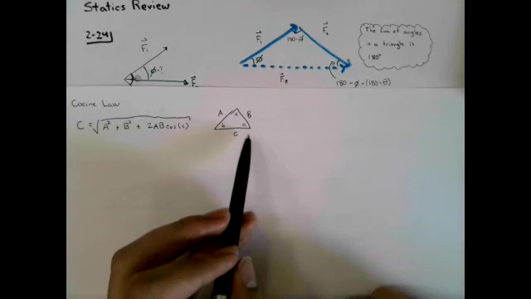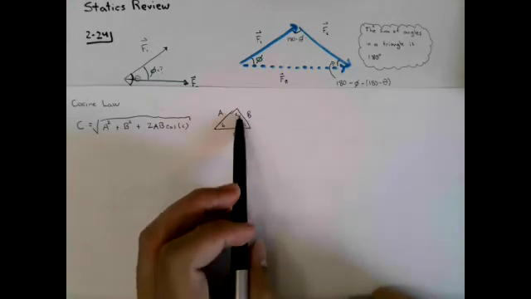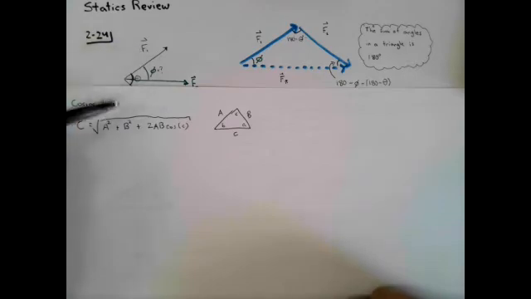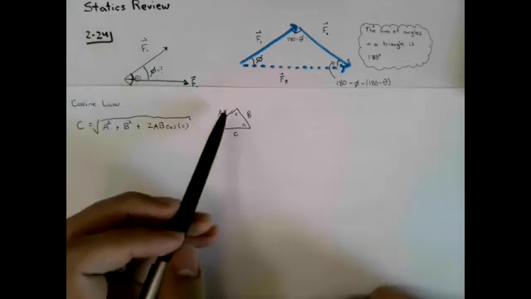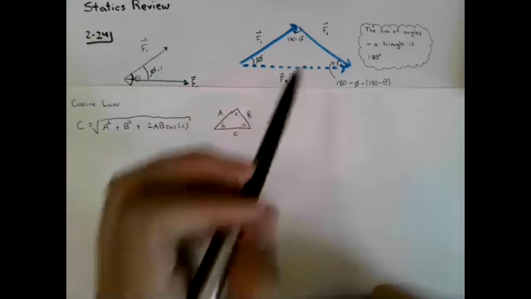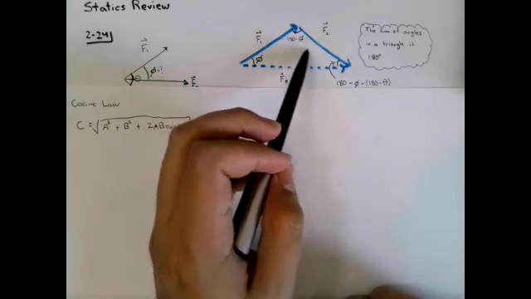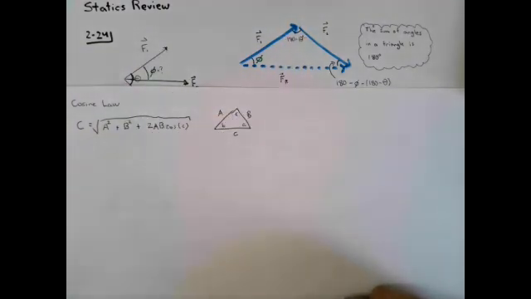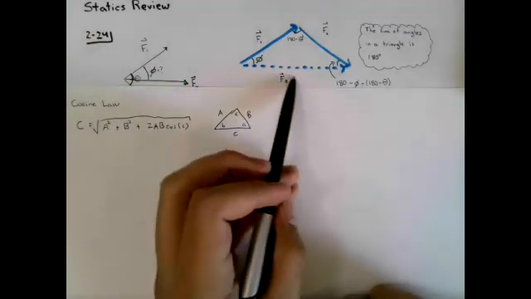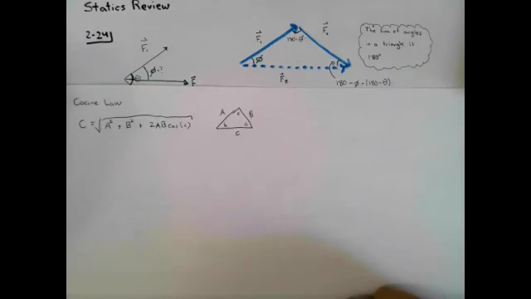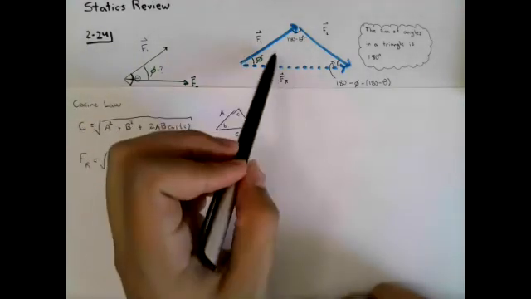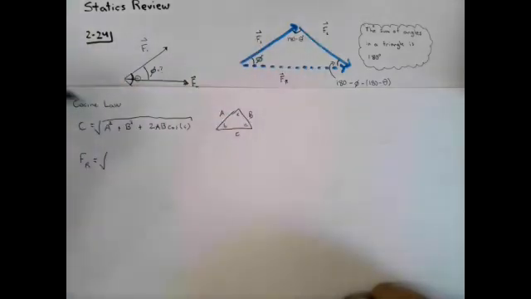What that means is that if I want to find one side, all I need is the opposite angle and the two other sides. So if we're given the magnitude of F1 and F2, then we should be able to have the two other sides. And we know that the opposite angle is 180 minus theta. So that means that we should know angle C. So I'm going to go ahead and solve this problem by saying that my resultant force is going to be equivalent to my side C. So my resultant force is equal to the square root of the square of my two sides added up.